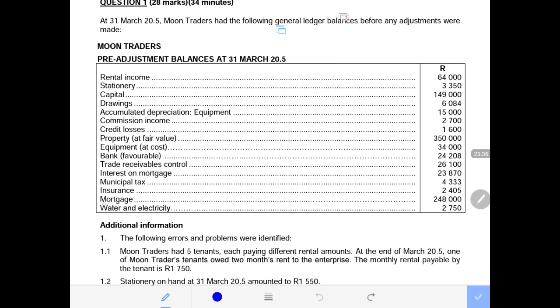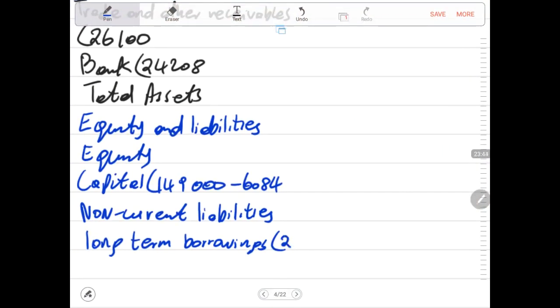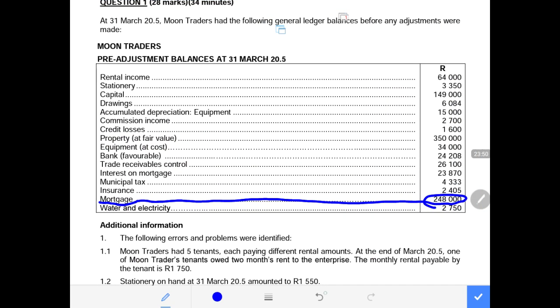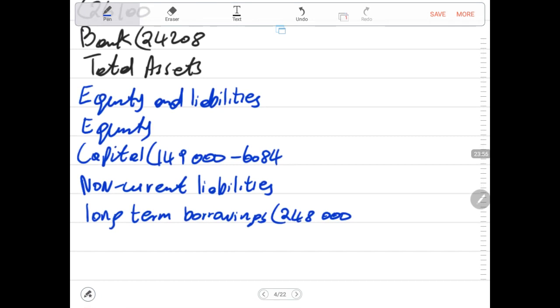Under long-term borrowings, we do have a mortgage loan, and it is 248,000 rands. This is the first step, guys, whenever you do financial statements. Then after the mortgage borrowing, we go straight to current liabilities.